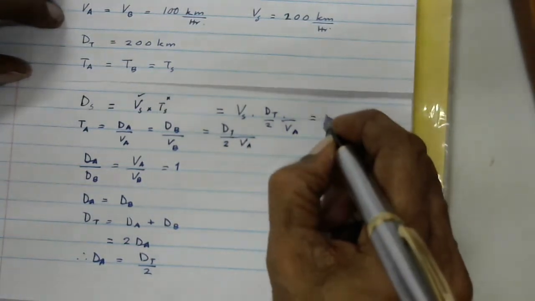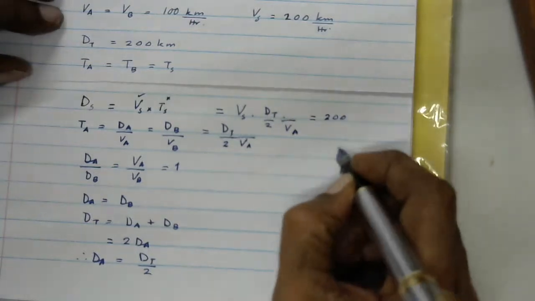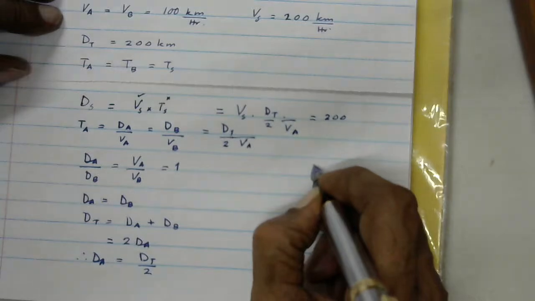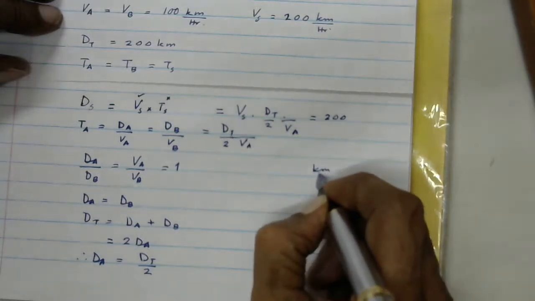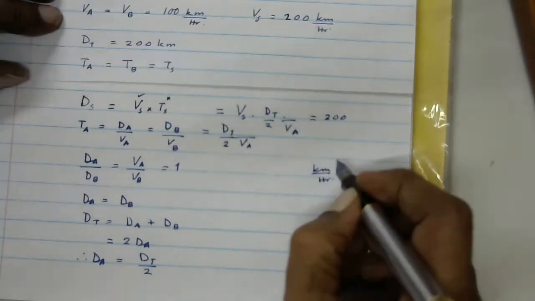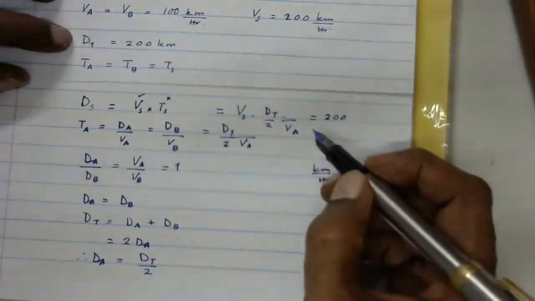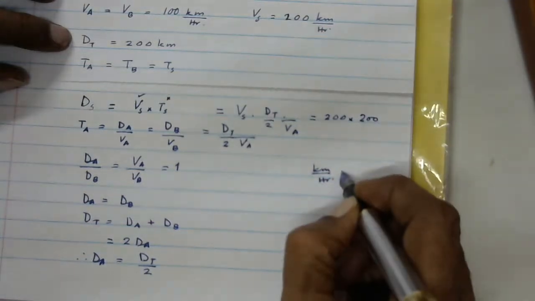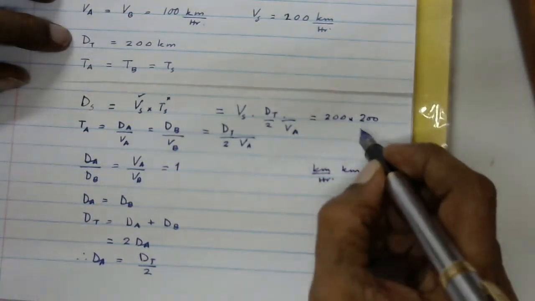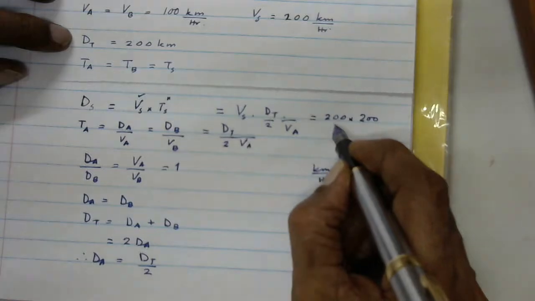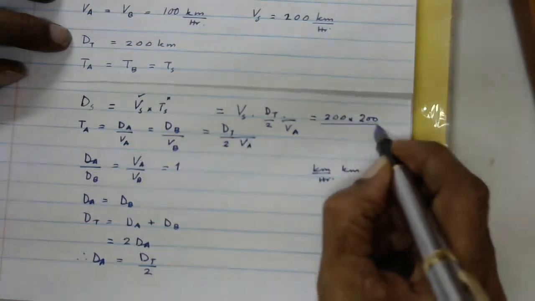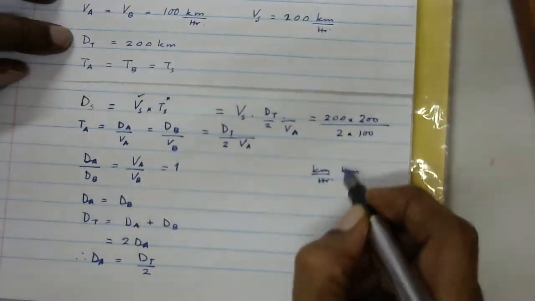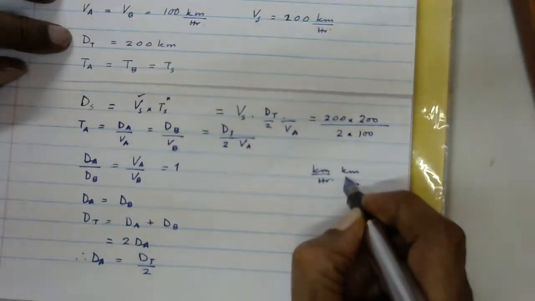VS is 200. As usual, we will write the unit below, kilometer per hour. dT is the distance, that is 200 kilometers, divided by 2 and VA, which is equal to 100 kilometers per hour.